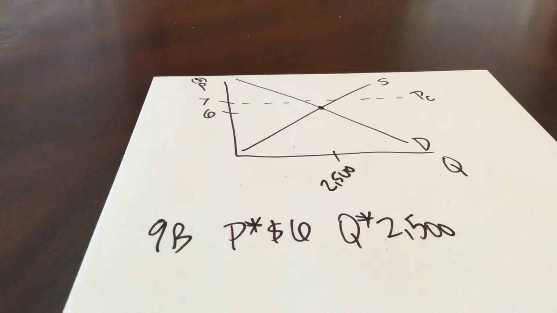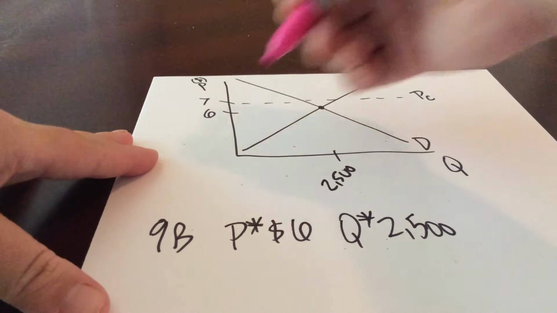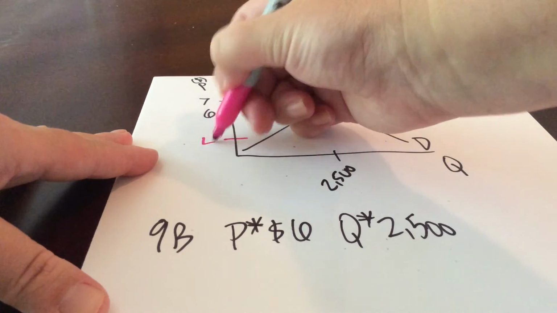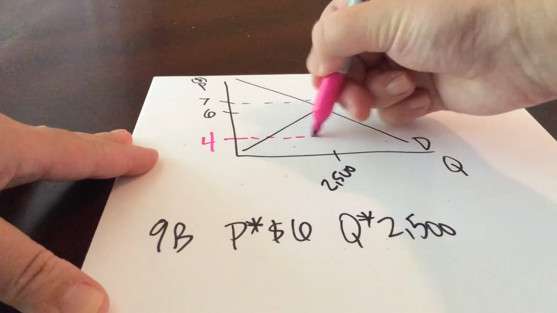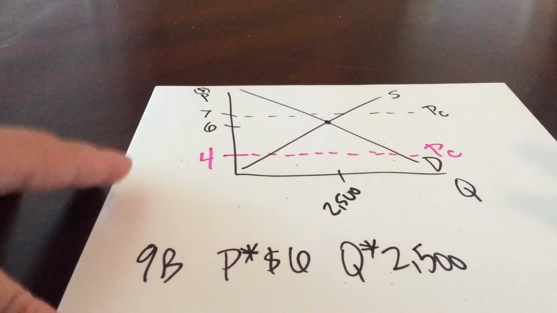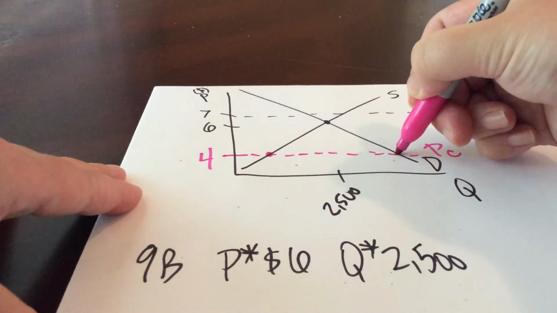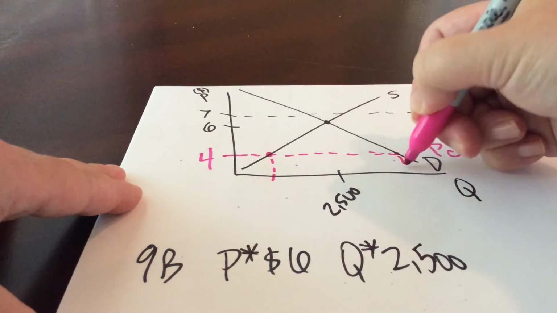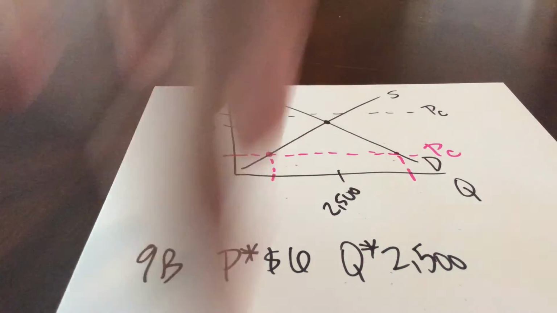Then the question says, well, what if the college put a price ceiling on meals at $4? So now we're going to go down here to $4 on our graph. And this is the actual price ceiling. So we need to compare quantity supplied to quantity demanded.